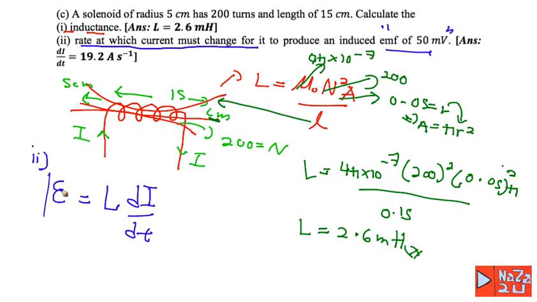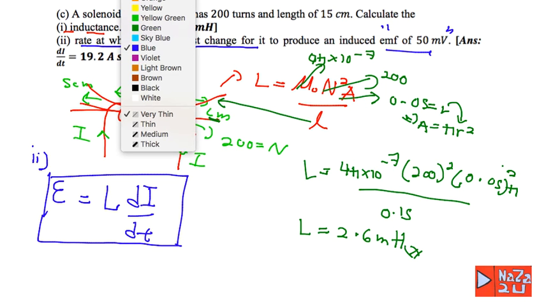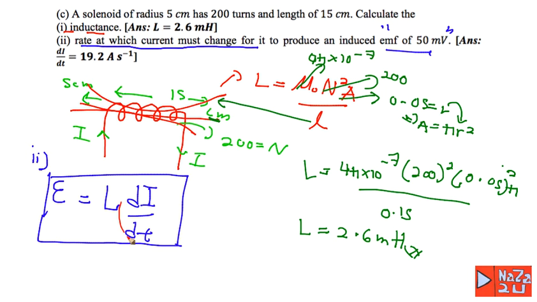This is the formula you can use to calculate the rate of change of current, which is dI/dt. So dI/dt is equal to EMF divided by L.